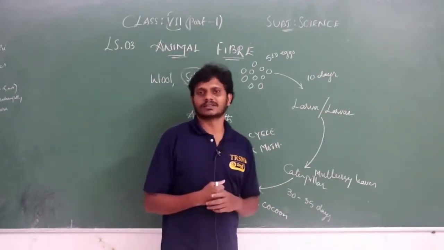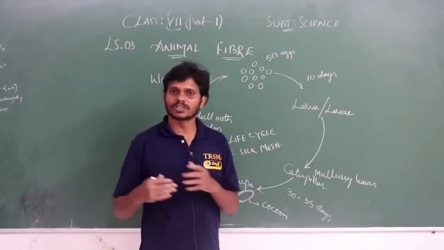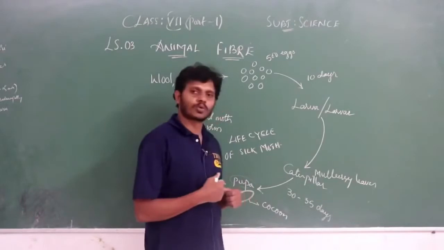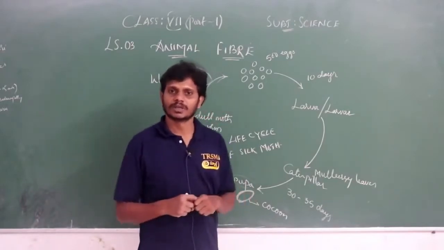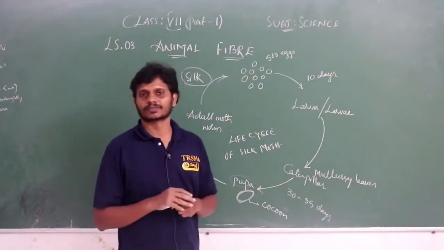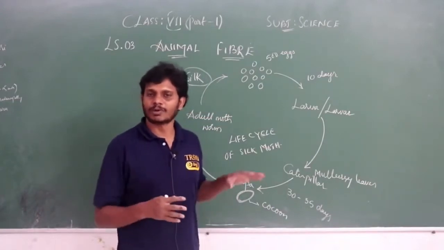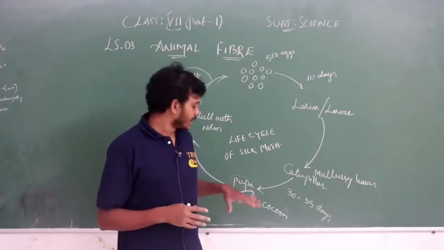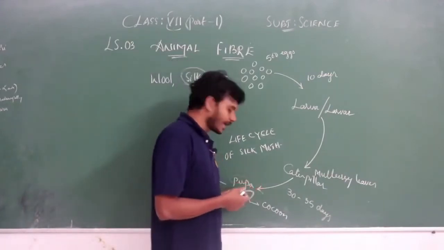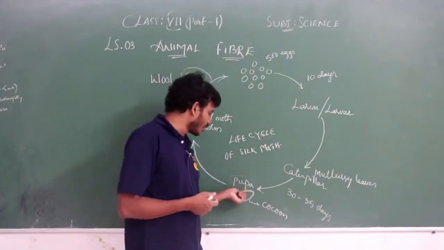What's the necessity for these workers to kill the pupa present inside the cocoon? Once added, the organism dies, it will be no more. They kill it so that it may not come outside.